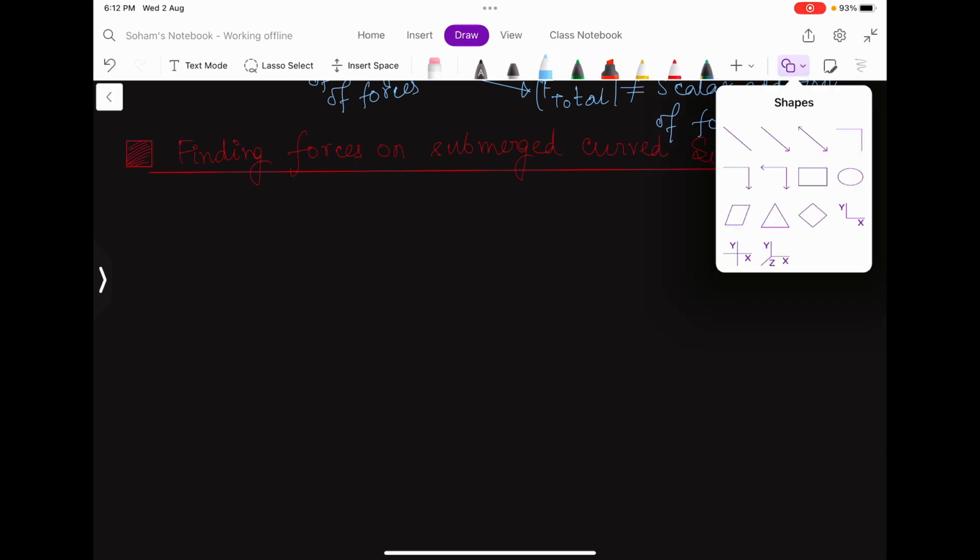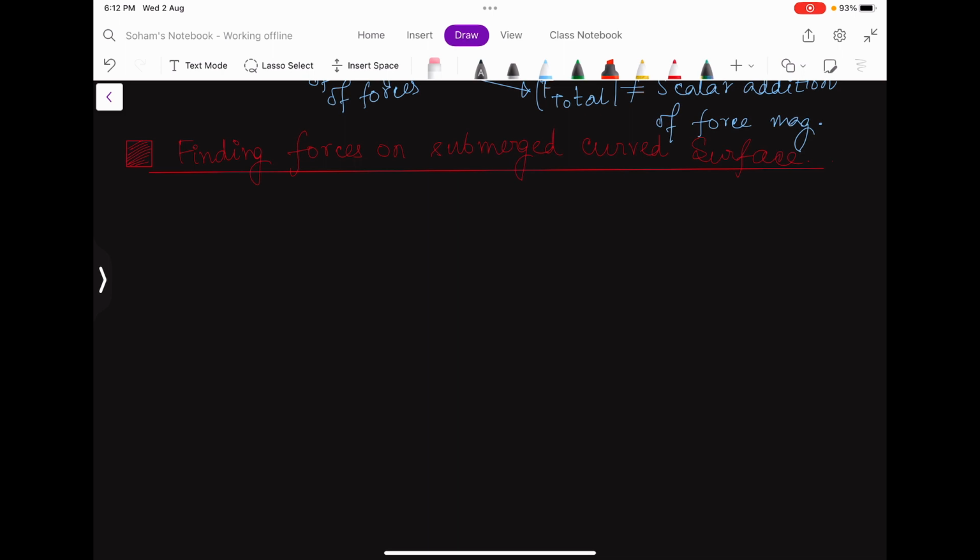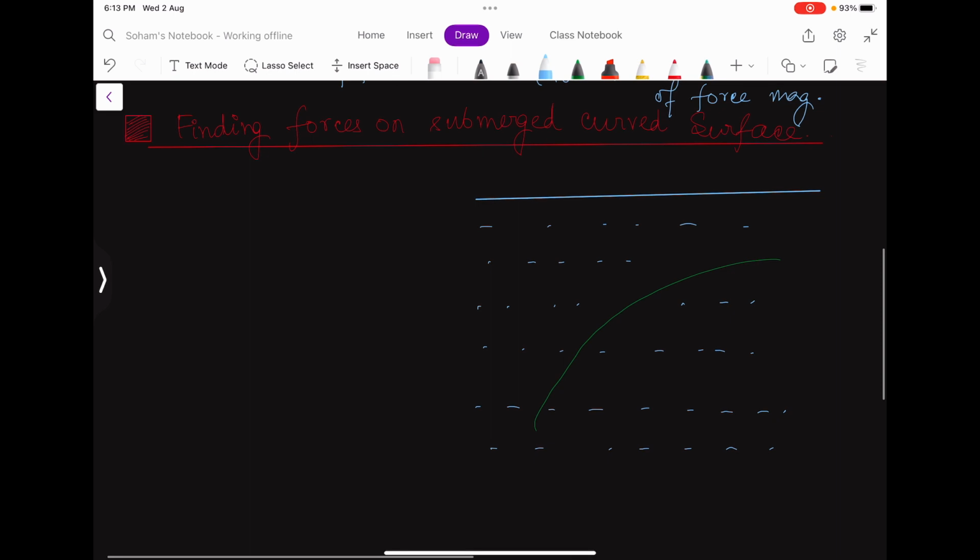First of all, let us have again a free surface, and let us have a curved surface. Here I have filled liquid everywhere around the curved surface.